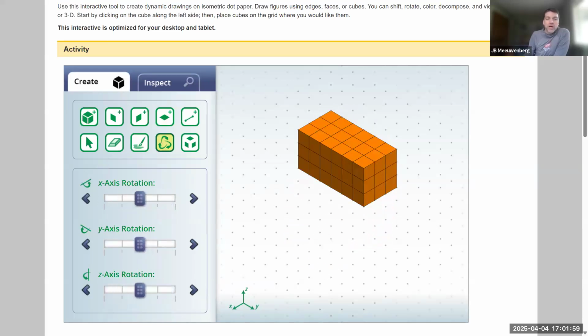So you painted it all the way around. And then you were able to disassemble all of these little individual cubes. The question to you is, how many of the cubes would have paint on just one of its faces? How many would have paint on two of its faces, three of its faces, and none of its faces?